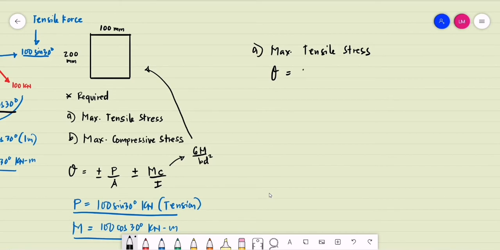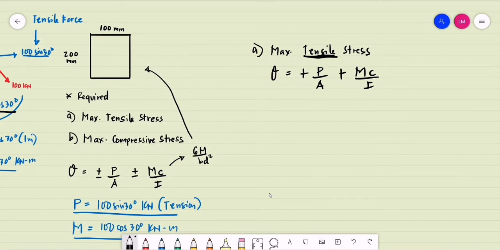Therefore, we just consider the axial tensile force, which is positive, the force divided by the area. And since we are computing tensile stress, we consider the positive bending stress, or the tensile bending stress, that is plus MC over I.